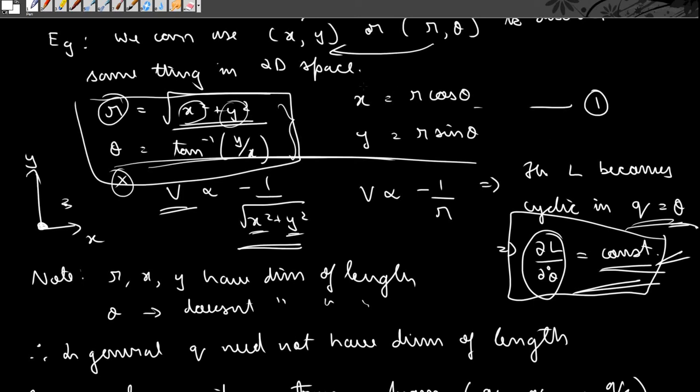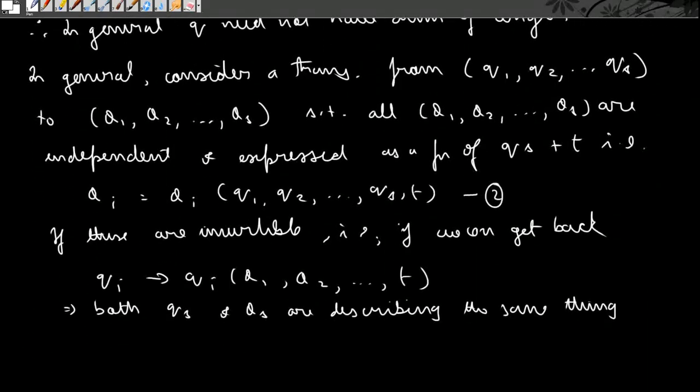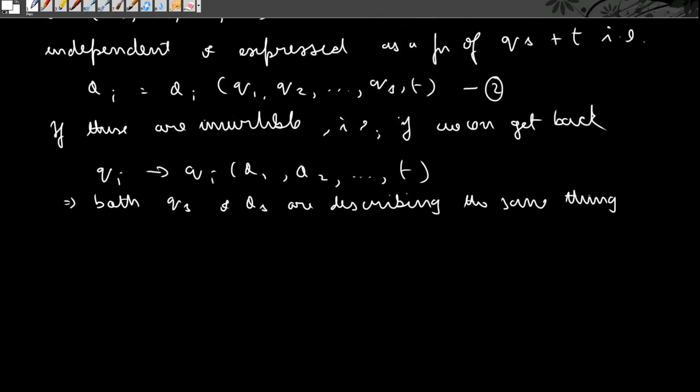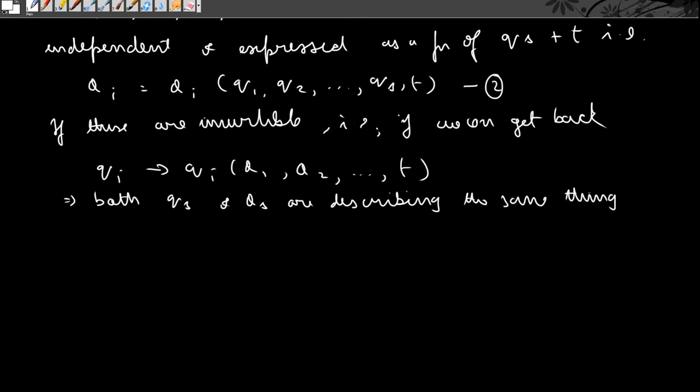If that is the case, our r and theta basically contain the information about x and y, or the position of the coordinate of the object. So both r and theta, and x and y, have the same information but in different forms.